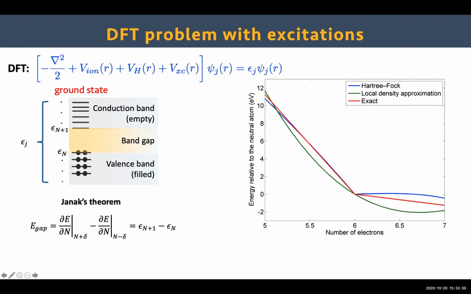Once you reach the highest energy electron, if your system is insulating, then there's a separation between the epsilon n and epsilon n+1 states, where no electrons are allowed to exist. This defines your band gap.